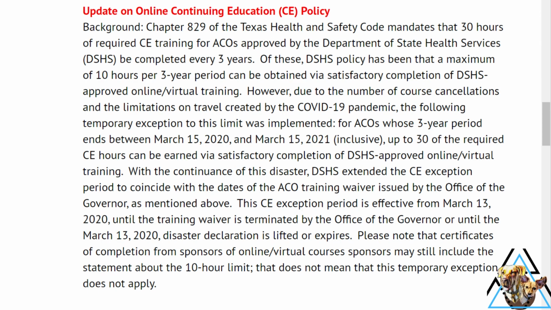You got to complete. And after the basic ACO course, for every 3 years, the person must complete 30 hours of continuing education each 3-year period following that to keep up to date with your certification.